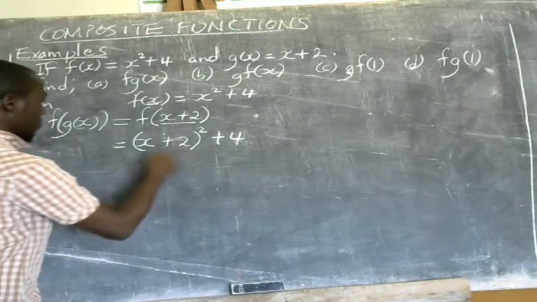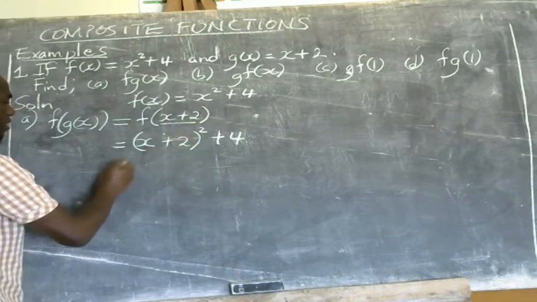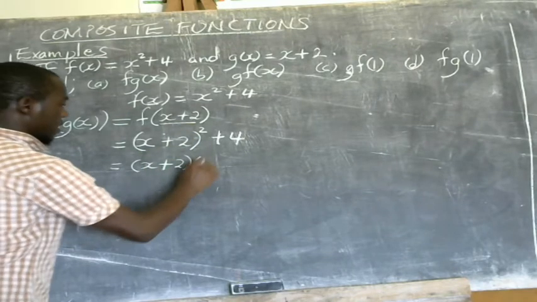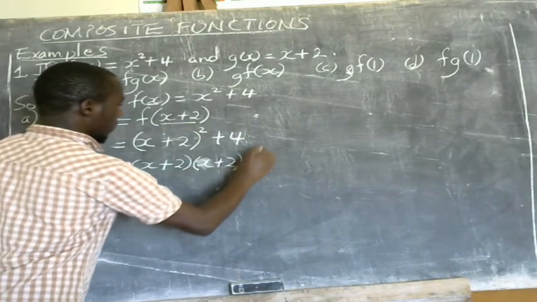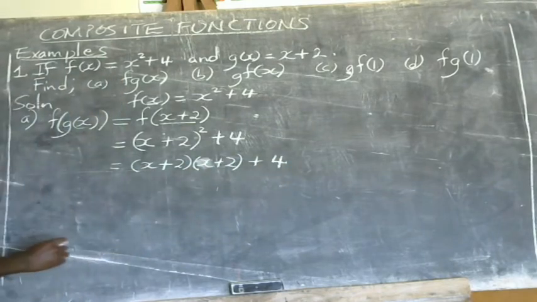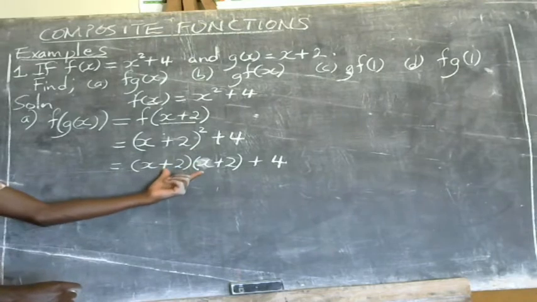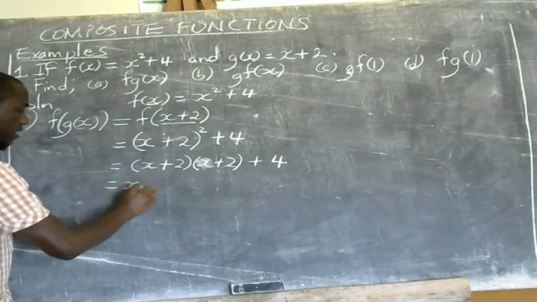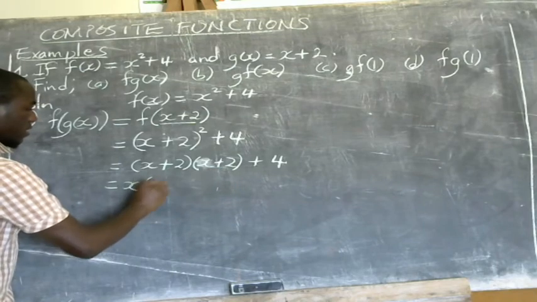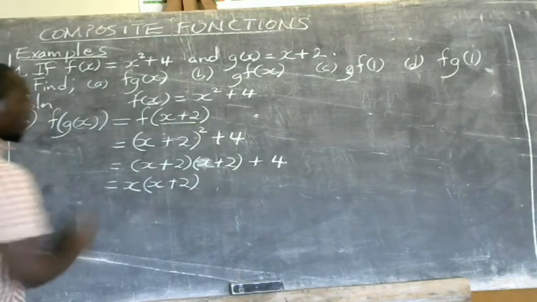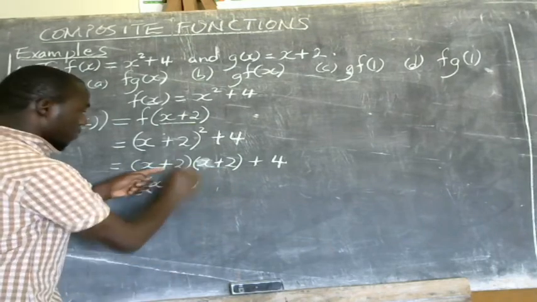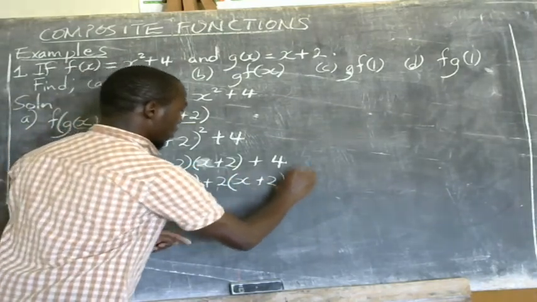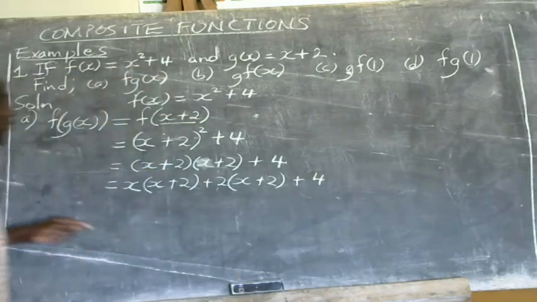You can simplify by expanding this. The square means bracket times bracket. Then I'm going to start opening the bracket: x into x plus 2, then plus 2 into x plus 2, then plus 4.